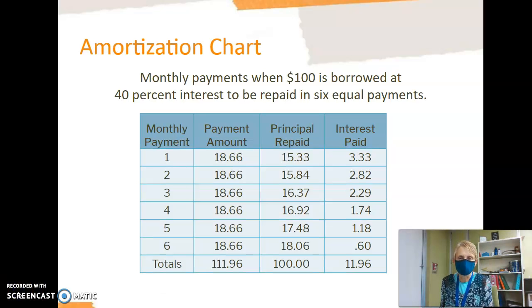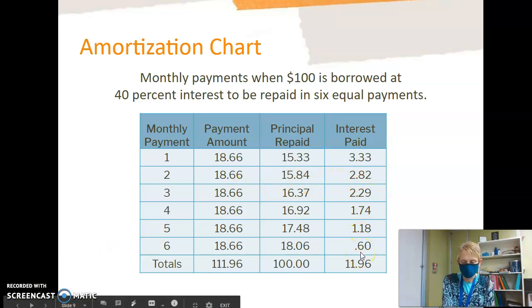If instead we were going to have the $100 paid off in 6 equal payments, and we use that amortization formula, then each payment would be $18.66. Notice that at the beginning, a lot of the payment is going to interest. This is only for 6 months, so it doesn't turn out to be a crazy amount.